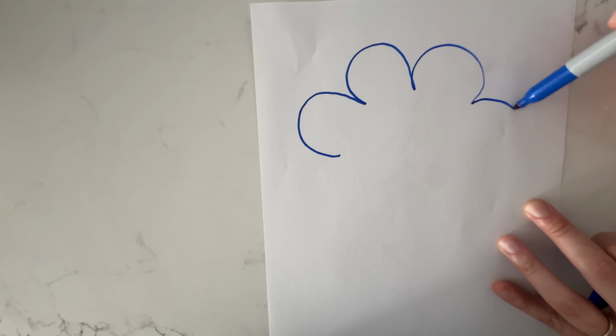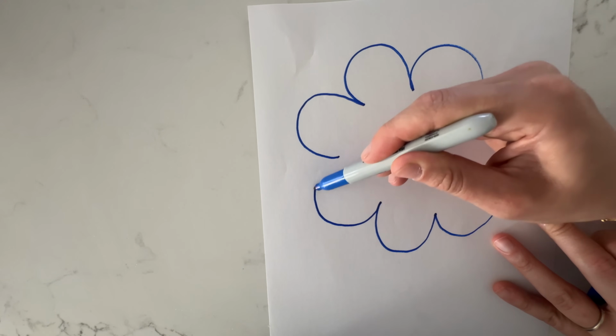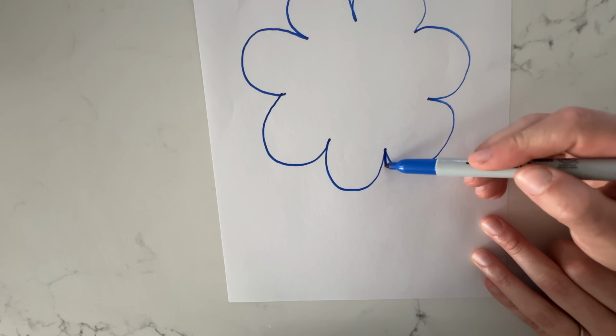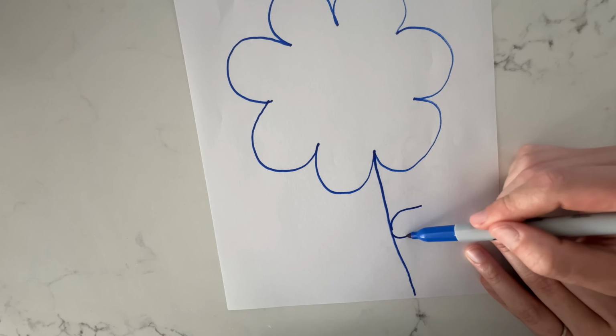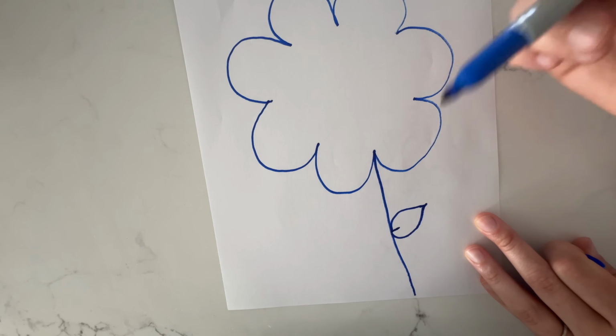You can draw any shape you want because flowers come in so many different shapes and sizes. Next, make sure you draw a stem. Next, make sure you draw leaves because without leaves, that flower would never grow.